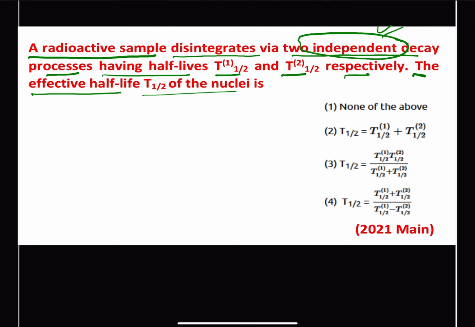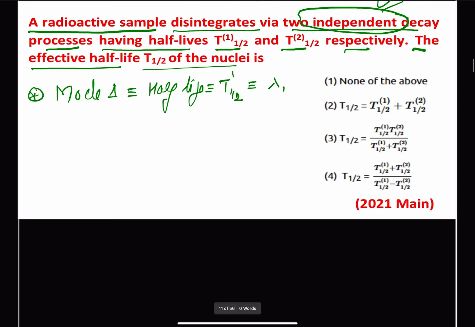So we have two half-lives. Let us call the first process mode 1, and in this case the half-life is, let us suppose, T1 half, and the corresponding decay constant is lambda 1.